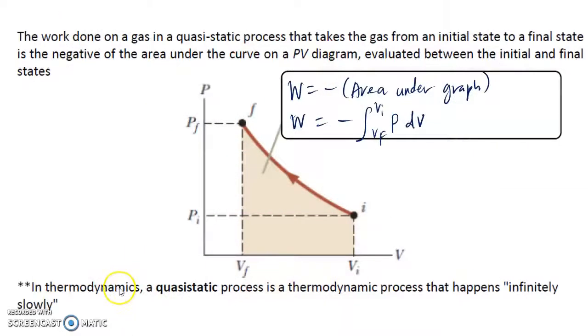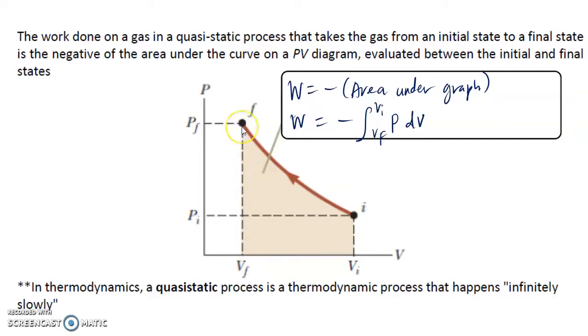The work done in order to compress a gas slowly can be represented by this PV diagram. The graph here is of pressure against the volume. When we compress the gas slowly, the initial volume will reach the final volume, and at the same time, the pressure increases.